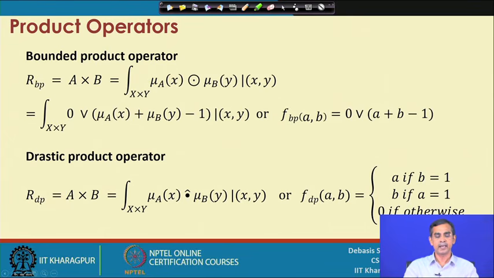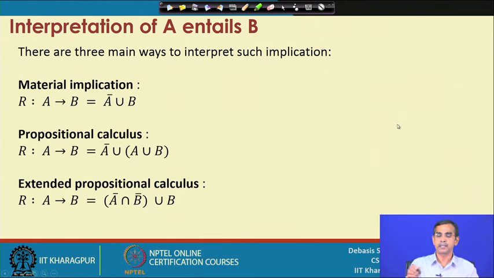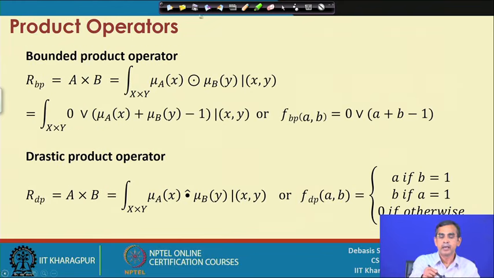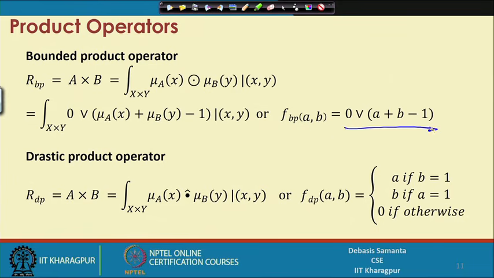For the bounded product operator, there is no specific rule like the Mamdani rule or Larsen rule; it is just expressed using this formula. The drastic product operator, as we have discussed, uses this one. Actually, no specific rule or name is assigned to these; they are basically different ways to calculate the fuzzy implication.